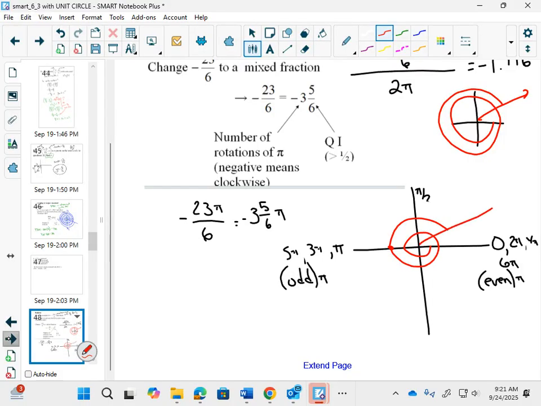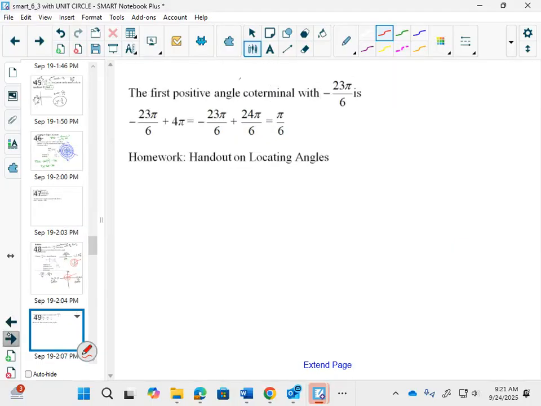Oh, I'd be in quadrant 1. If it was less than half, you would have been in quadrant 2. So we use the number as a mixed fraction to figure out, am I on my positive x-axis or my negative x-axis? And then the fraction part says, should I go over half or not, moving forward? So that tells us it's in quadrant 1 as well.